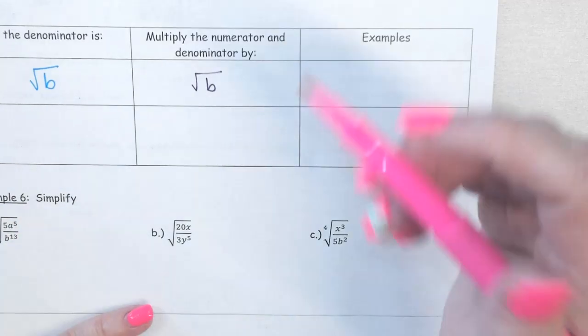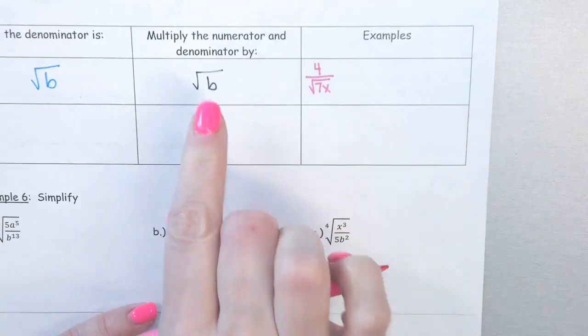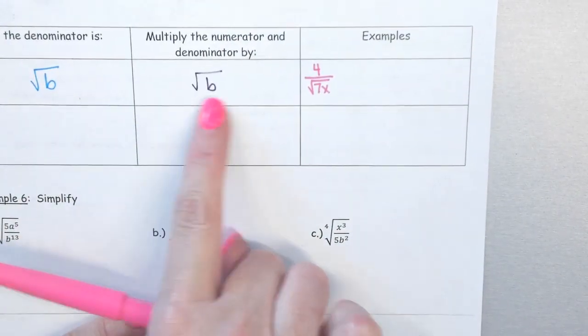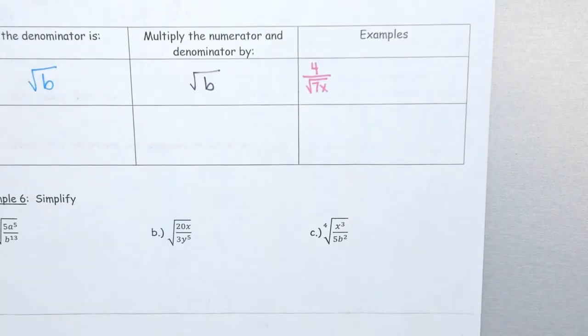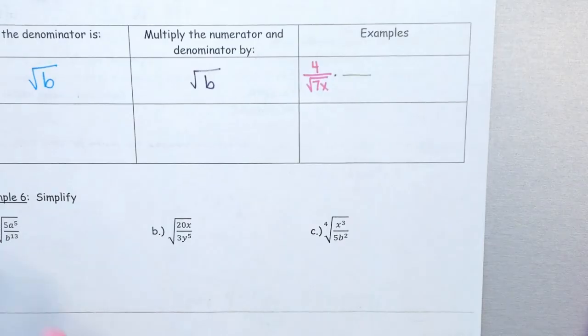There's going to be a special pattern for that too. So if the denominator is a square root, you just multiply by the same thing. Okay, write that down and then simplify.